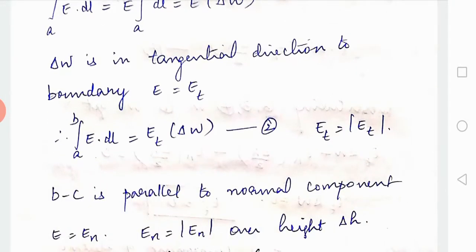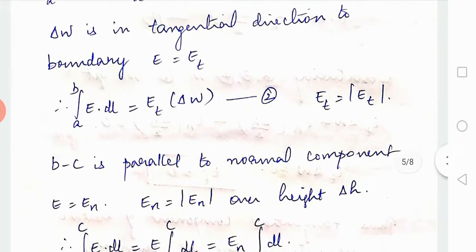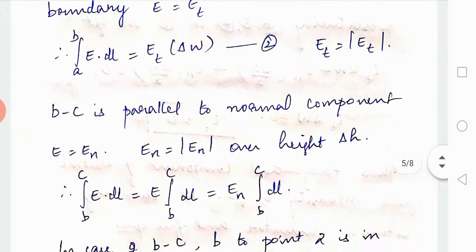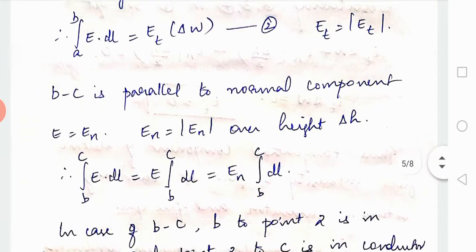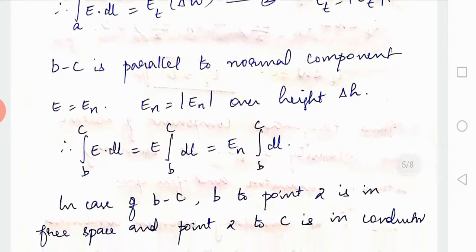Now BC is parallel to the normal component, so E is equal to En, and it is over the height delta h. And integral BC E dl can be written as E integral BC dl, and it is equal to En integral BC dl. Why En?